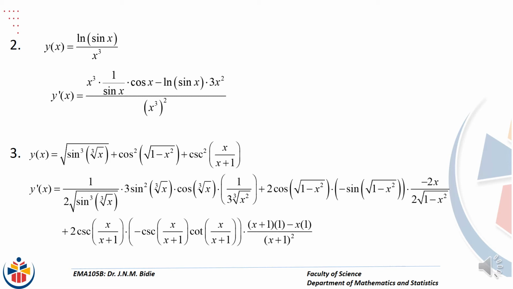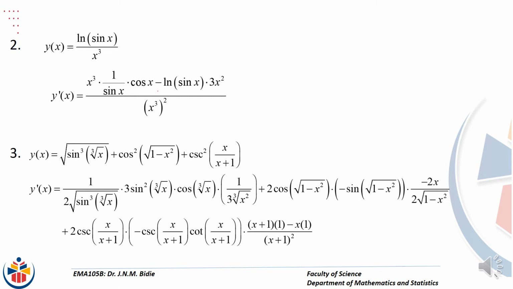Quotient rule requires that we take the denominator up, so it's x cubed multiplied by the derivative of the numerator, which is 1 over sine x, because that's the derivative of ln, multiplied by cos x, which is the derivative of the argument of ln, minus the original numerator, which is ln sine x, multiplied by the derivative of the denominator, which is 3x squared.